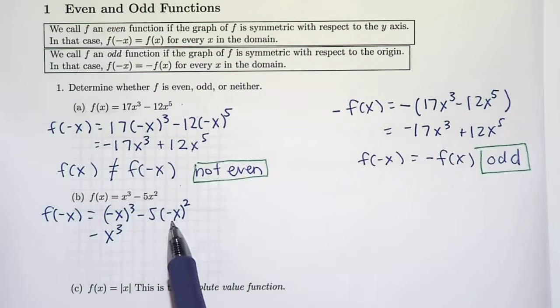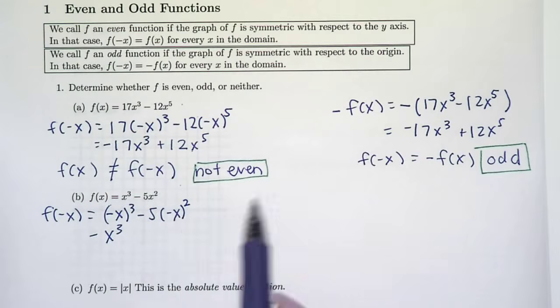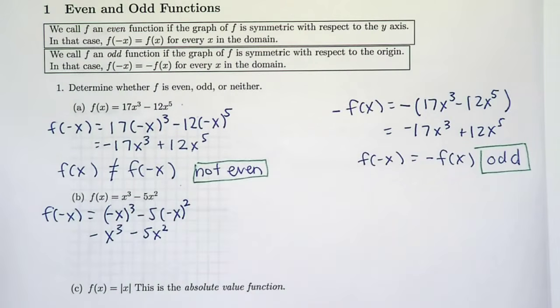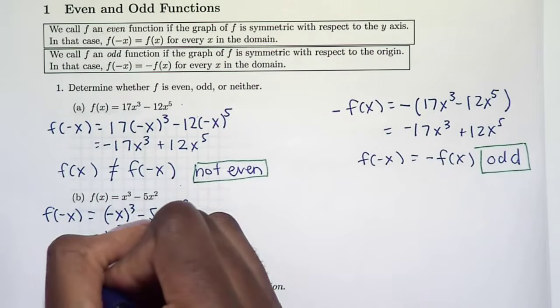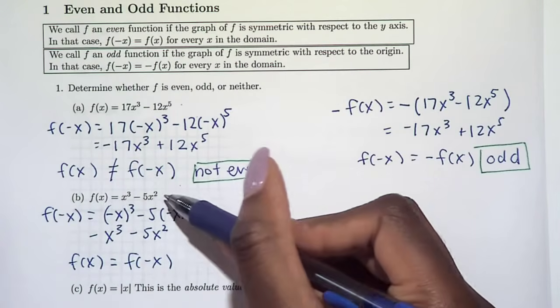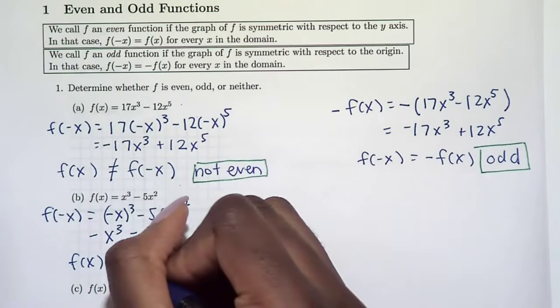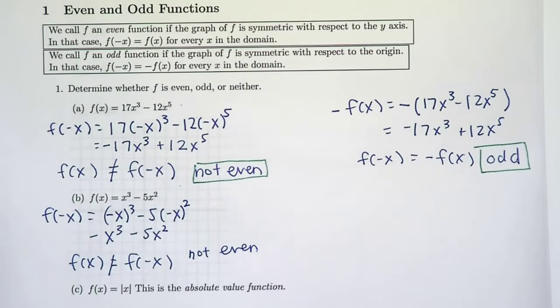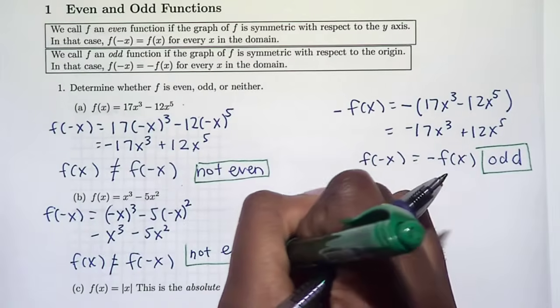But here, a negative squared is actually positive. So this is now positive x squared. Now we check, is f of x the same as f of negative x? Are these two the same? No, they're not. So our function is not even.